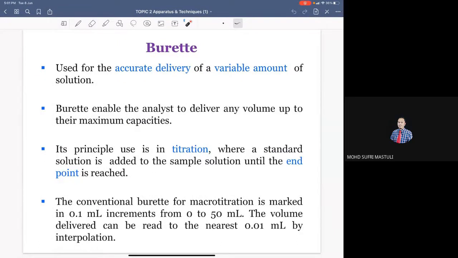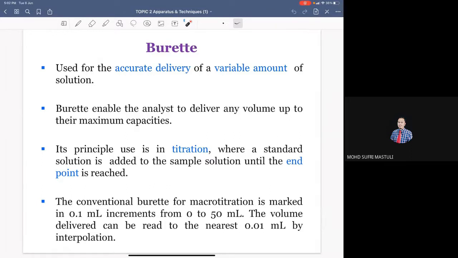So now we're moving on to the burette. The burette is also to deliver, TD, like the volumetric pipette. It is used for accurate delivery of variable amounts of solution, so the analyst can deliver any volume up to the maximum capacity, for example during titration.